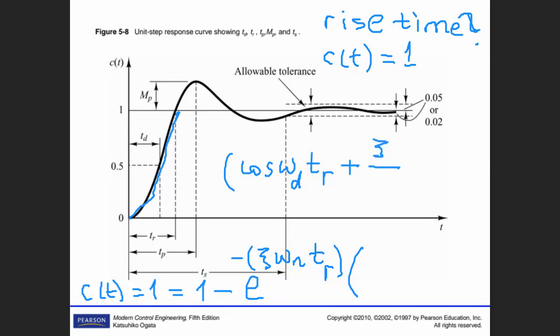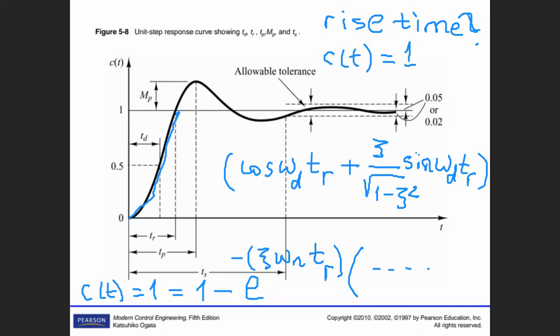Last week I wrote those equations to you. 1 minus, you don't have to memorize the equations, by the way. You only need to understand what they mean. Sine omega_d t_r.